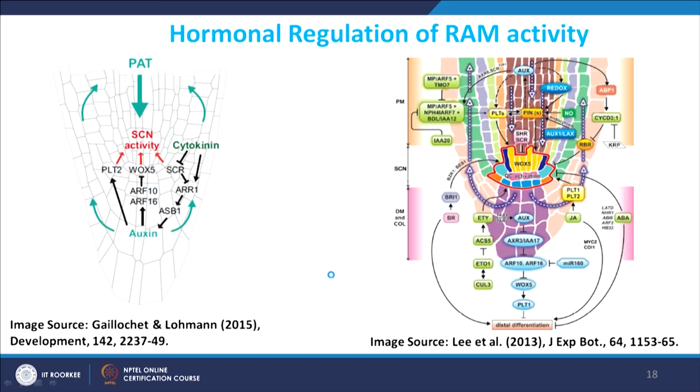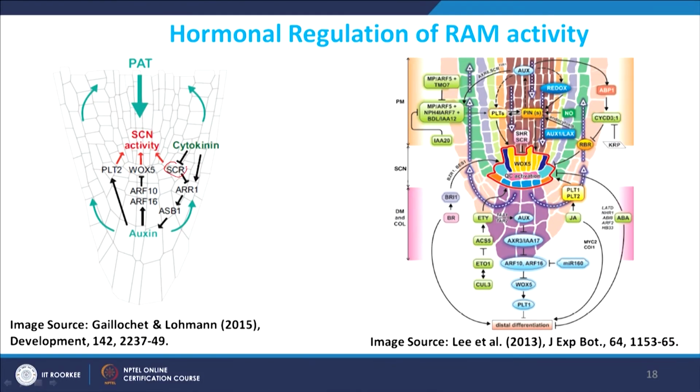Apart from these regulators, plant hormones, which are very important in growth and development, regulate almost every aspect of growth and development: auxin, cytokinin, gibberellic acid, all these hormones are very important.